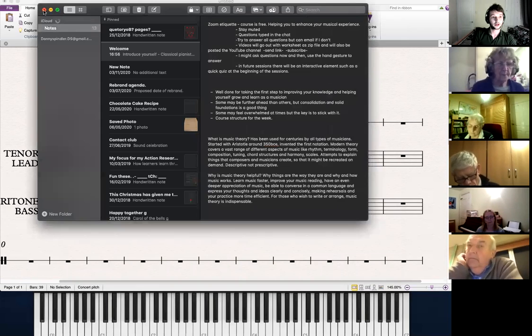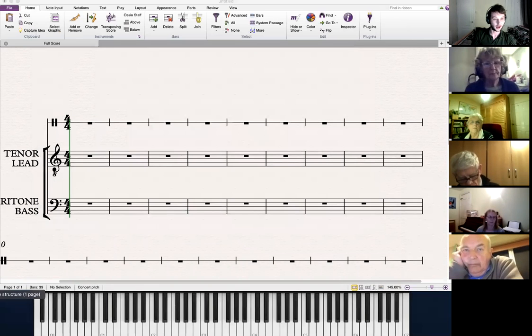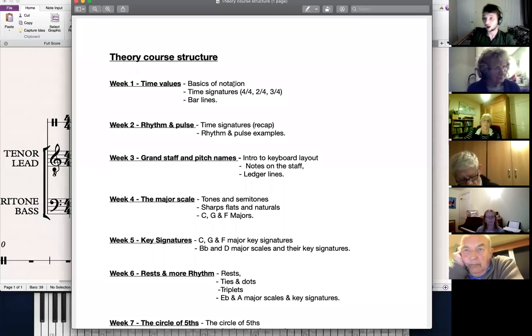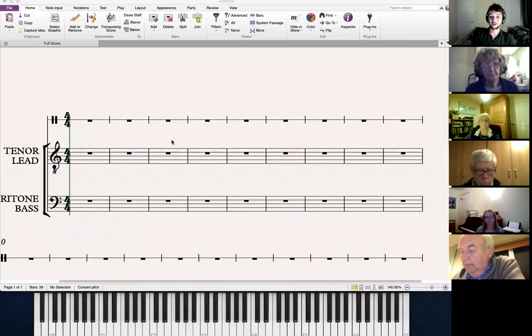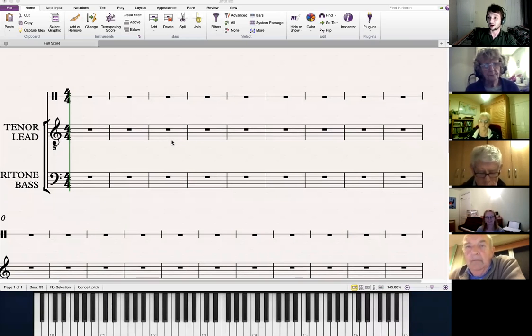The next thing we're looking at is bar lines. I'm pretty sure most of you know what bar lines are, or could take a wild guess. They're these lines here between the bars. They serve a purpose.